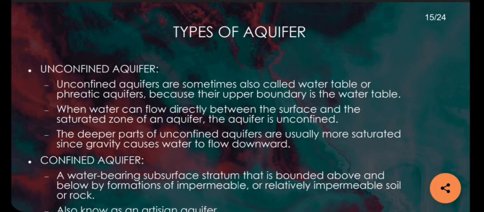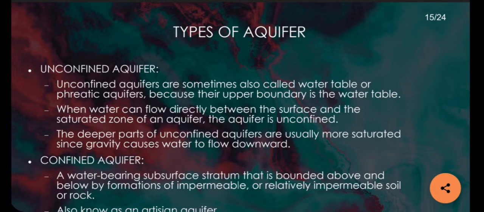So, in a confined or closed aquifer, the overlying confining layers prevent water from flowing directly into the confined aquifer from above. So the groundwater is slow in flowing, because the confining unit prevents it.